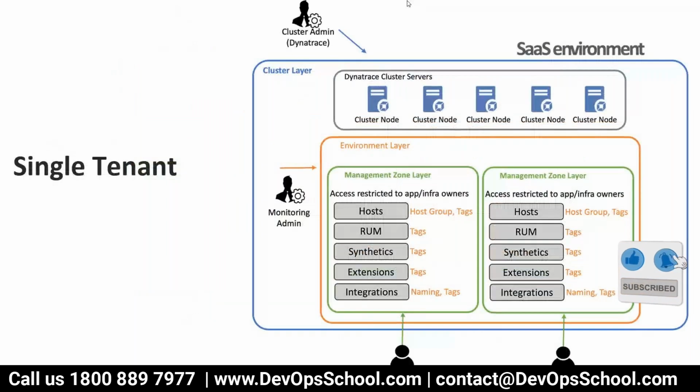If you see, different applications will have different hosts, different real user monitoring, synthetics, extensions, and integrations. And as per the environment, you have to tag each and every resource whatever you want as per the environment, followed by.